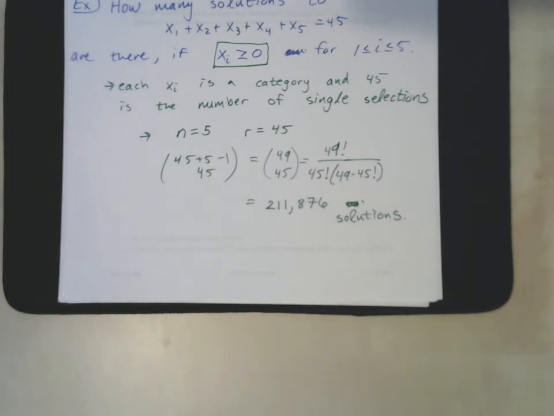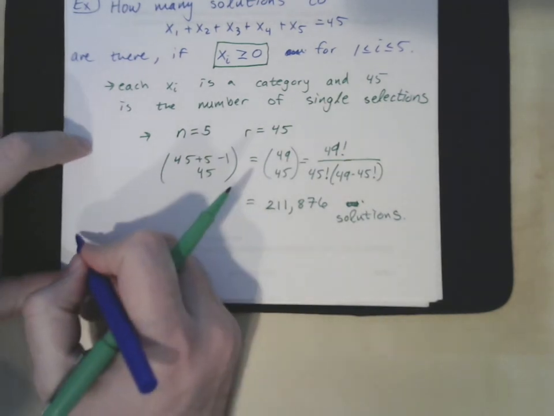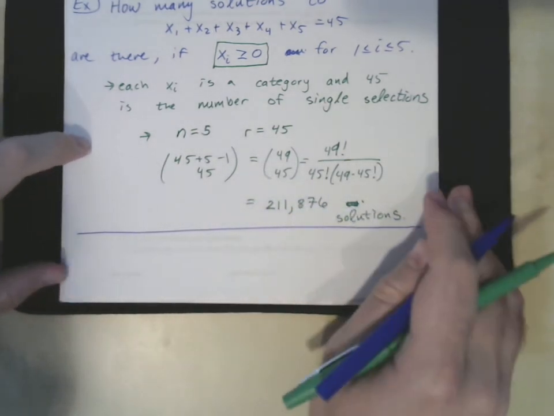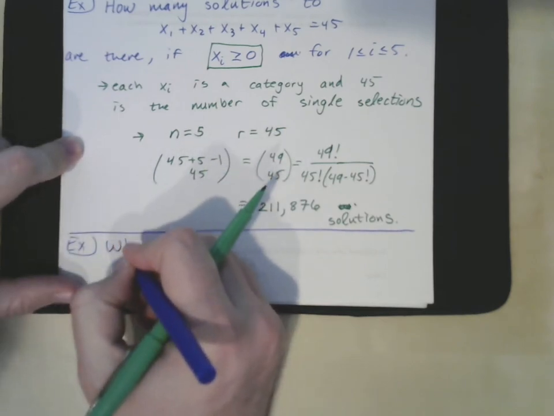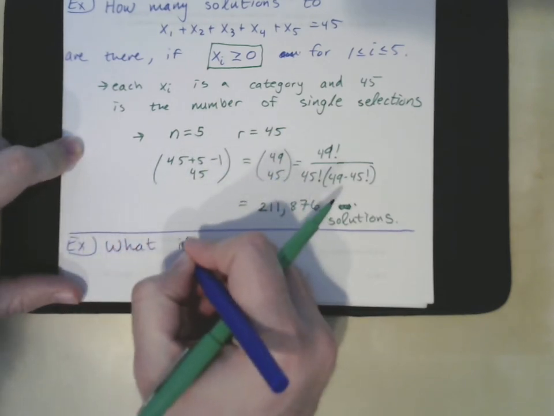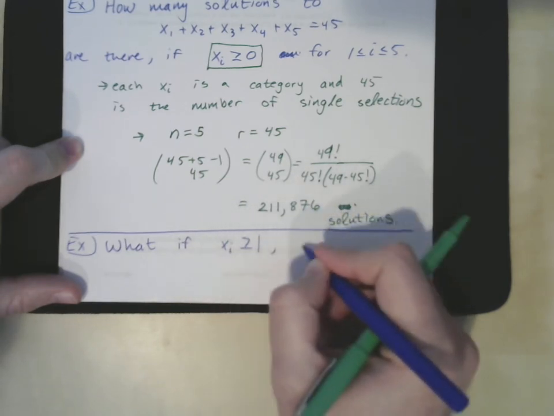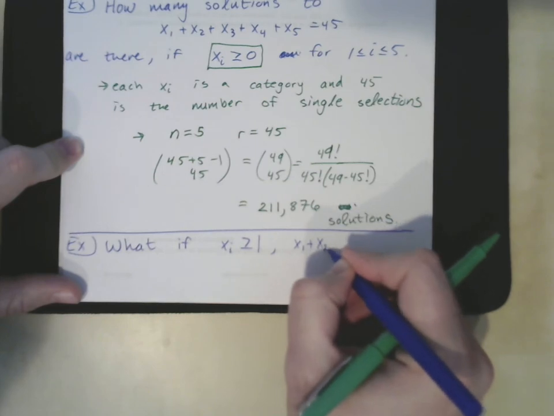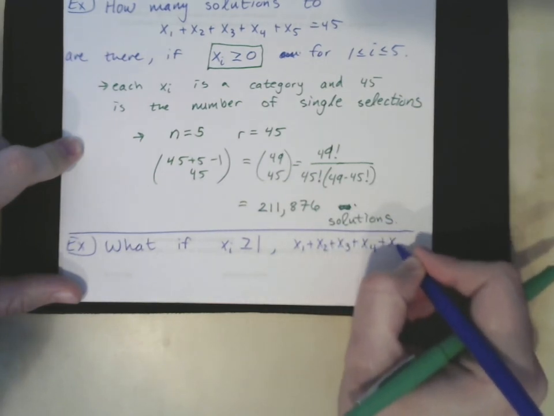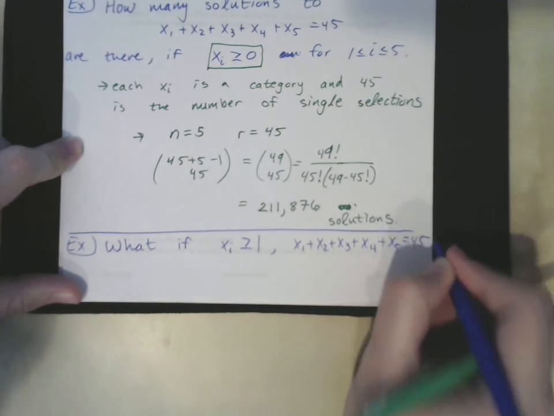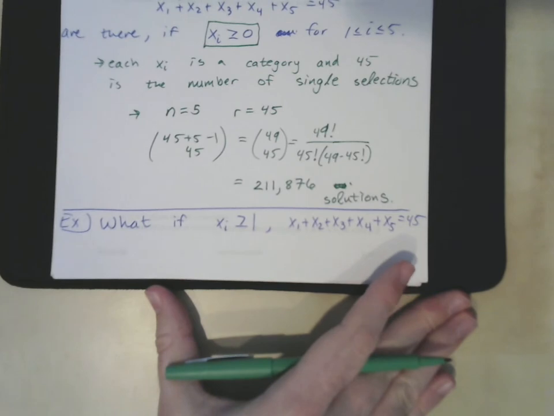Now, what happens if we change this ever so slightly, and we say, what if x sub i has to be greater than or equal to 1? We still have x1 plus x2 plus x3 plus x4 plus x5 equals 45. Well, we still have 5 categories.